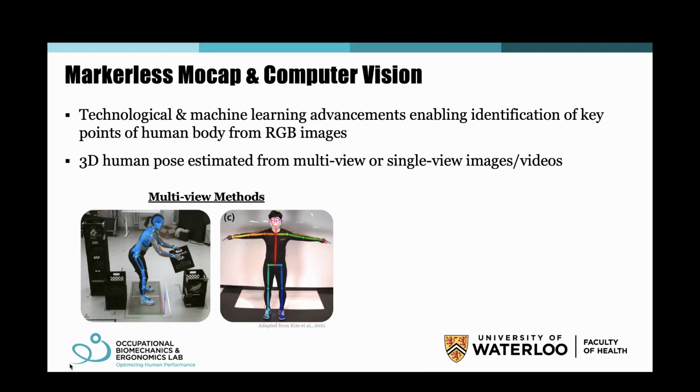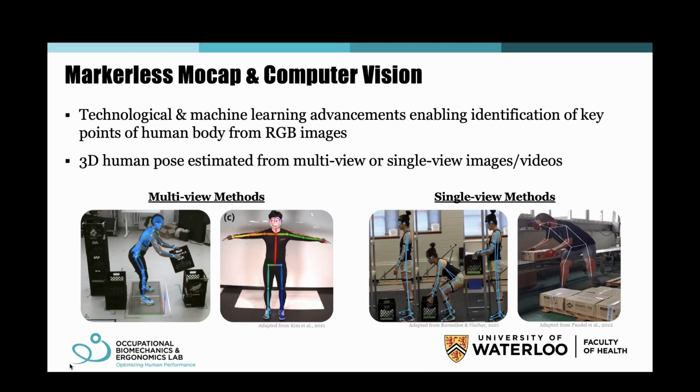On the right is an example of OpenPose, an open source program that you can use with 2 to 3 camera views to determine key points in 3D space. In order for these camera systems to function, you need to perform a calibration procedure so that all the cameras know where they are in space and in relation to global space, and develop a relationship between the 2D pixel coordinates of the image and the 3D position in the world.